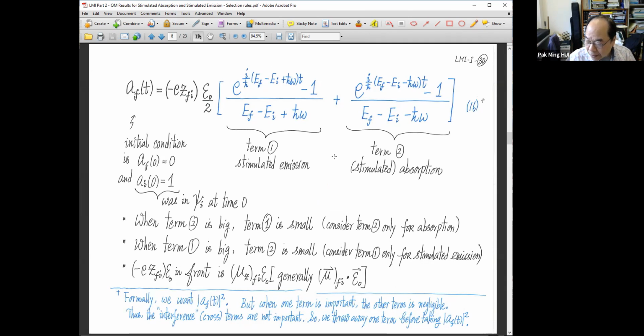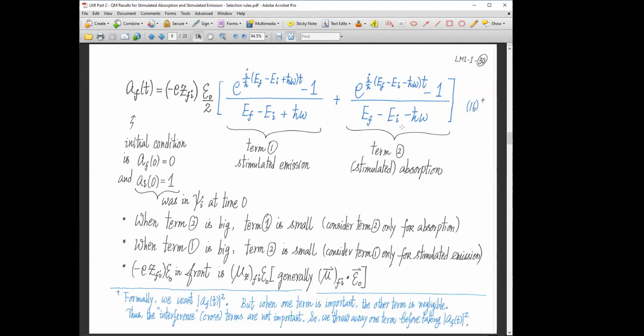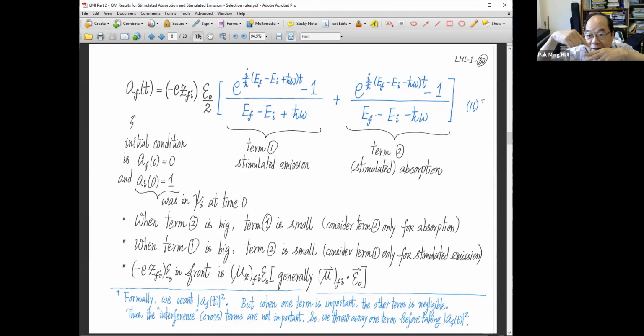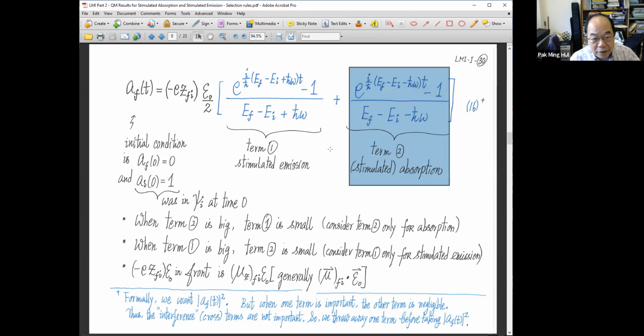But we are doing physics. So the argument that follows is, when I have an initial state, if this term is important, that is to say, if the final state up there has a difference that is h bar omega, so when this term is important, this term cannot be important.